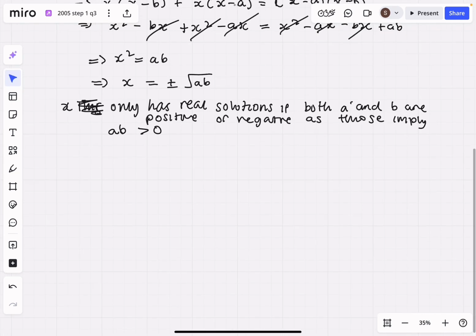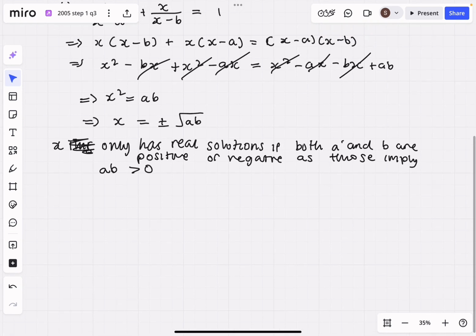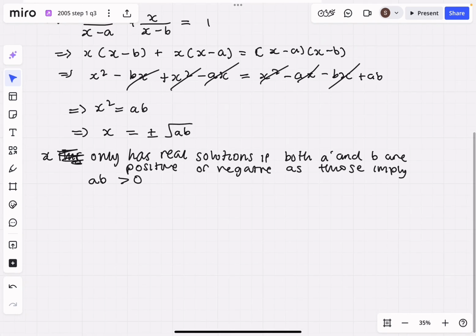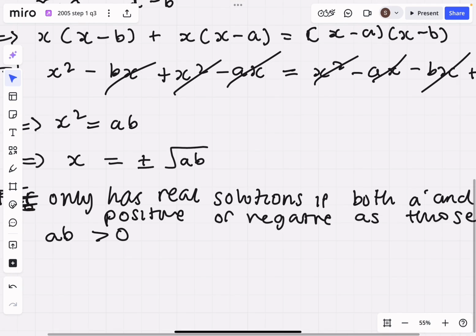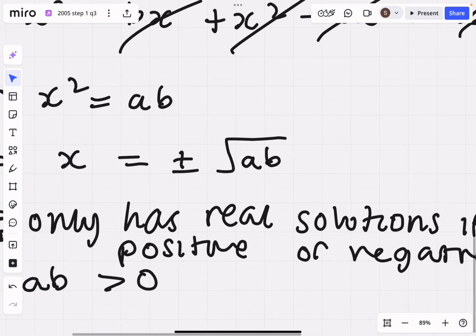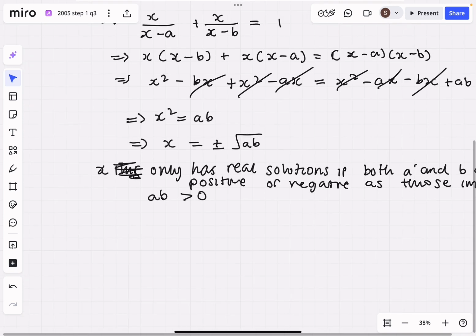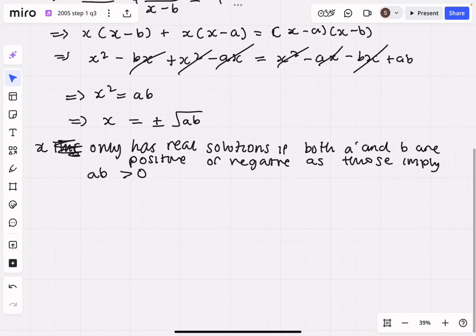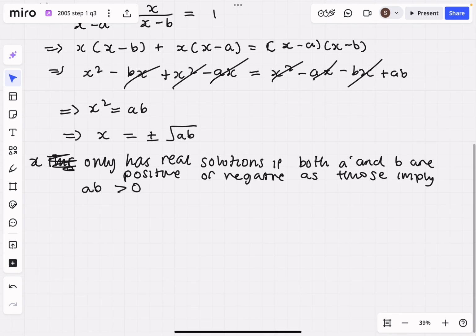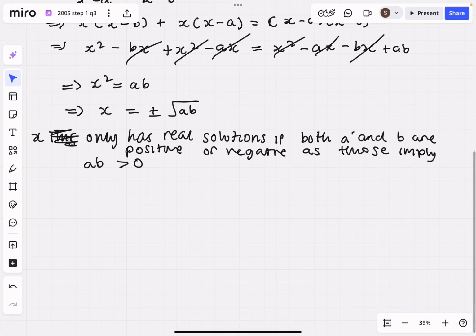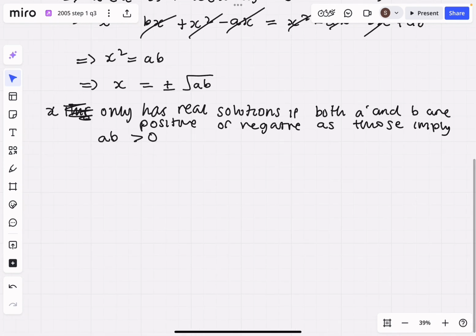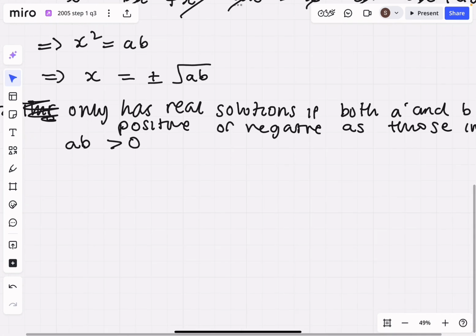It only has two distinct real solutions if ab is greater than 0, because if it were equal to 0, then this would only have one distinct solution. So a and b have to be both positive or both negative.